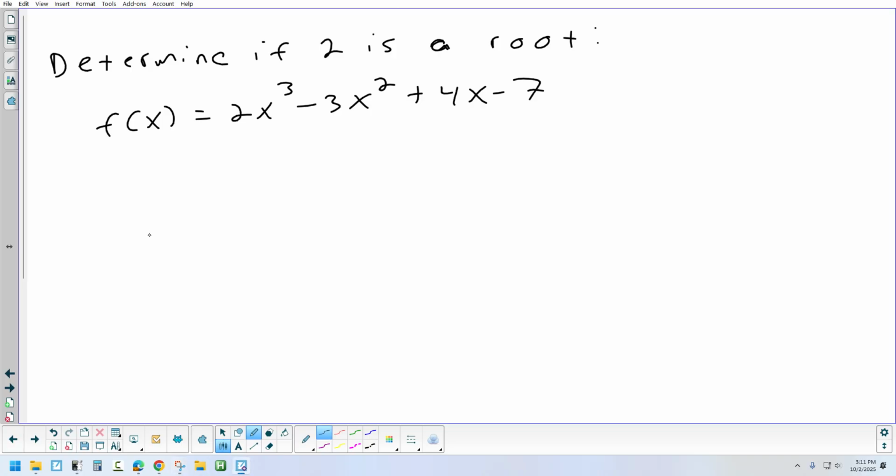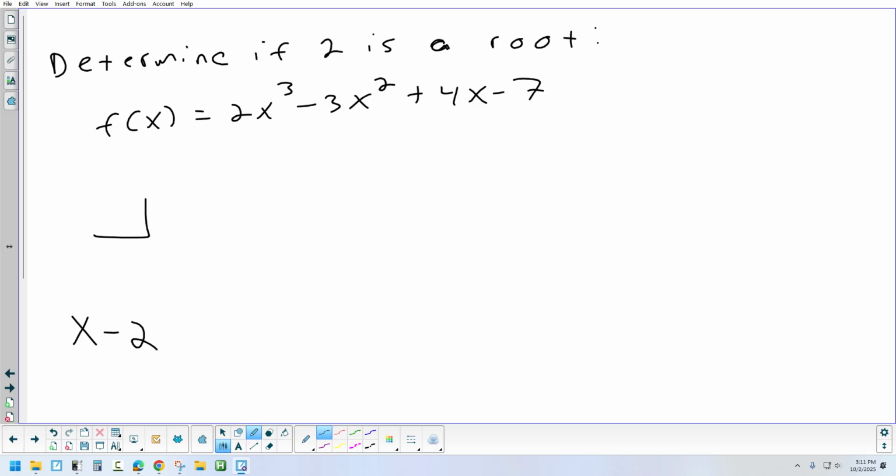So what number would go on the outside? Or Layla, what number would go on the outside? So we're proving that this is a factor. So 2.